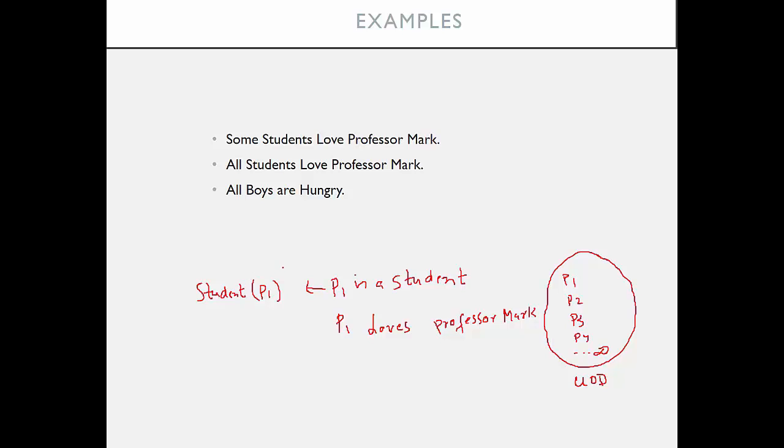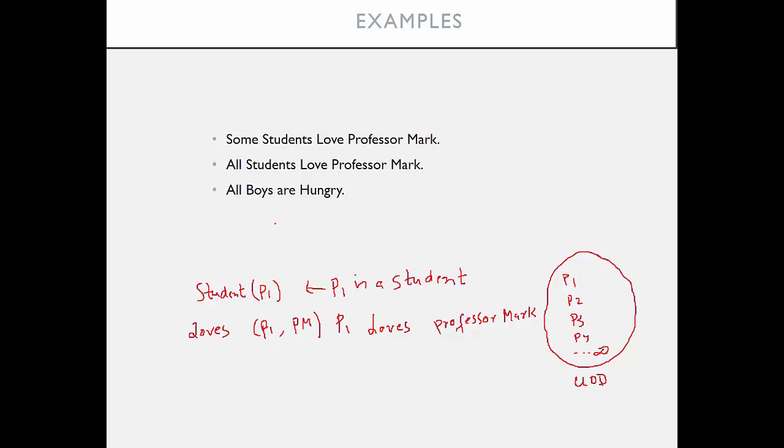It's understood because we did some problems similar to this. Now, here is a little bit different approach, which is that P1 loves Professor Mark. So I would represent it like this: P1 loves Professor Mark. You can write the complete statement, but I just made it shorter.